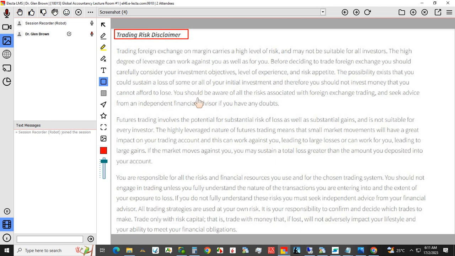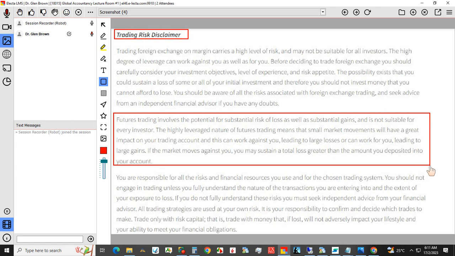Also, I want to take you a little bit into futures trading. Futures trading involves the potential of substantial risk of loss as well as substantial gain, and it is not suitable for all investors. The high leverage nature of futures trading means that small market movement will have a great impact on your trading account.